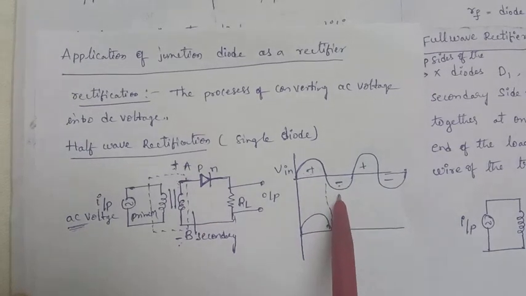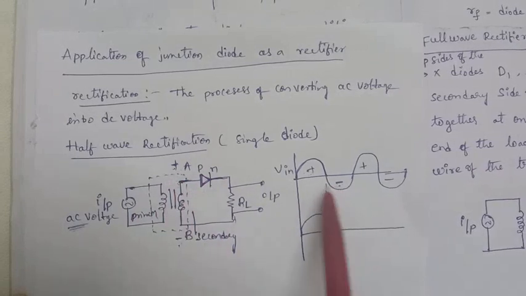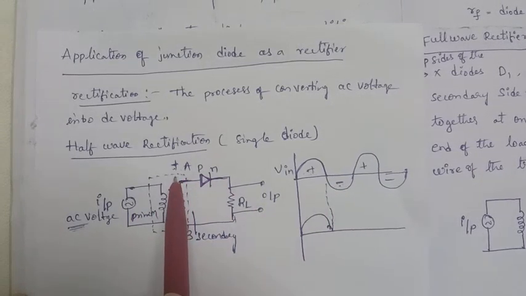For the negative cycle, A is negative and B is positive.